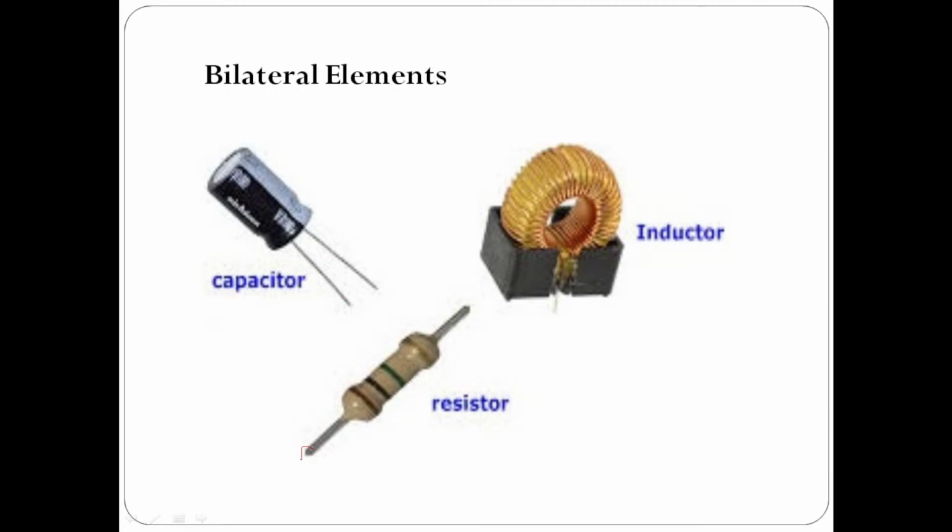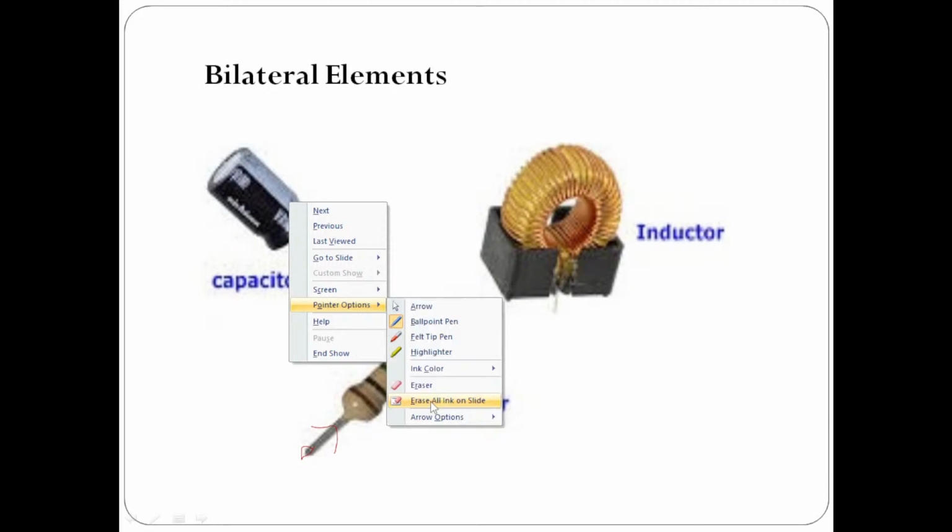In this resistor, current can enter from this terminal and leave from this terminal, or current can enter from the other terminal and leave from this terminal. Current is flowing in either direction through this resistor.